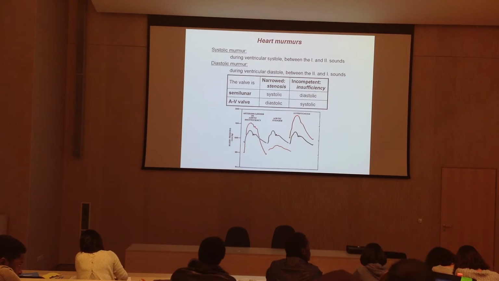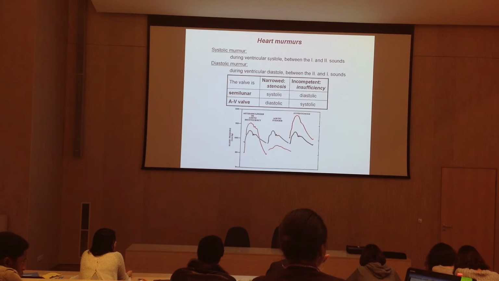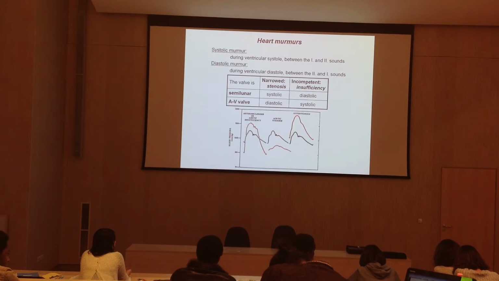And in this case, to maintain the original cardiac output, the ventricle has to eject 140 milliliter because half of it will flow back, and this ejection performance is necessary to reach the stroke volume of 70 milliliter.